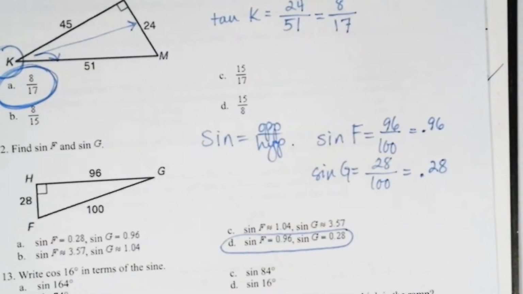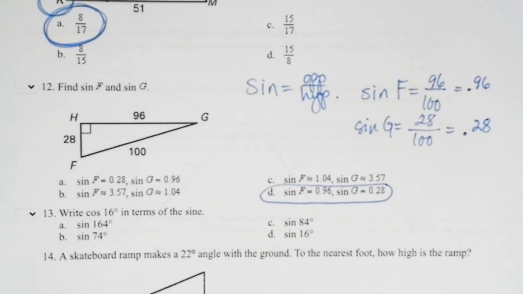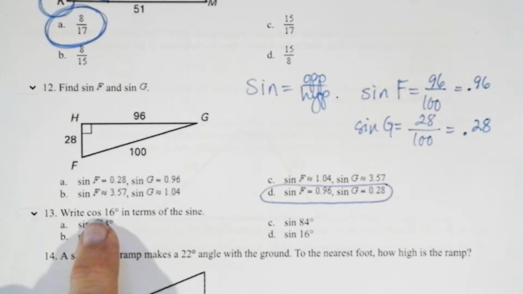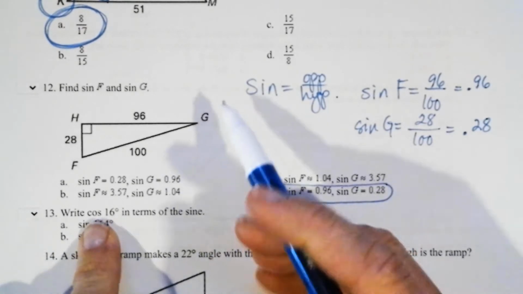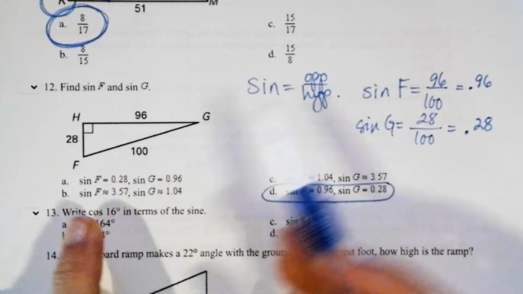Another thing we noticed in section 5, was it 5 or 4? This is section 5. We figured out that we can write cosine in terms of sine and sine in terms of cosine because these two are opposite, which means they complement each other.